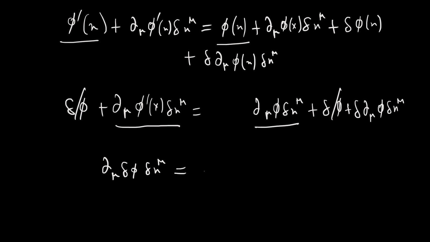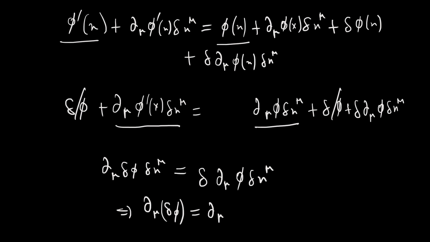So we can write is equivalent to delta del mu phi delta x mu. So which implies del mu delta phi equals delta of del mu phi.